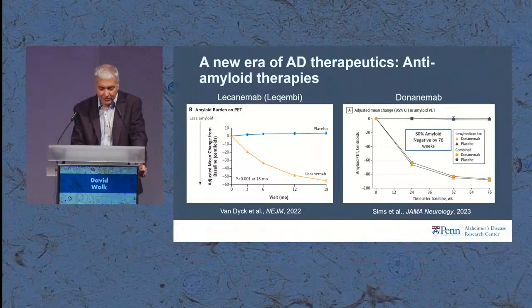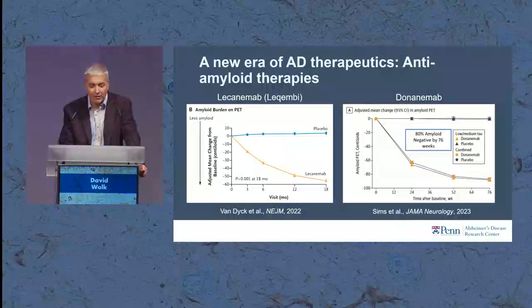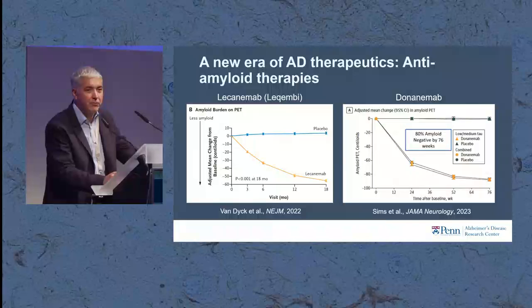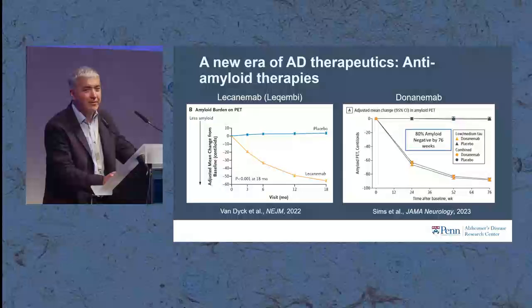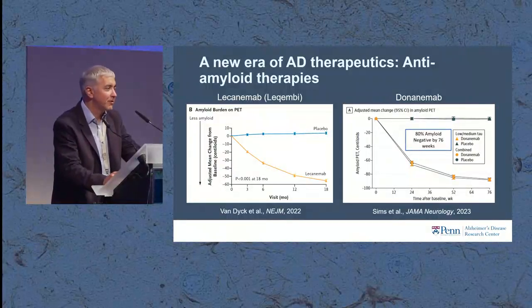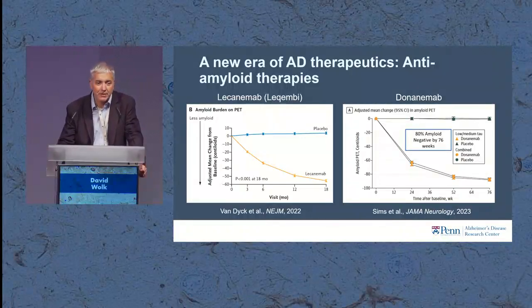While there's mixed enthusiasm about this, I do think we're in a new era of AD therapeutics. We now are giving disease-modifying drugs to patients, and in the States these are FDA approved. In our center, we've infused about 150 patients so far, and there's something like 200 on the wait list for us.